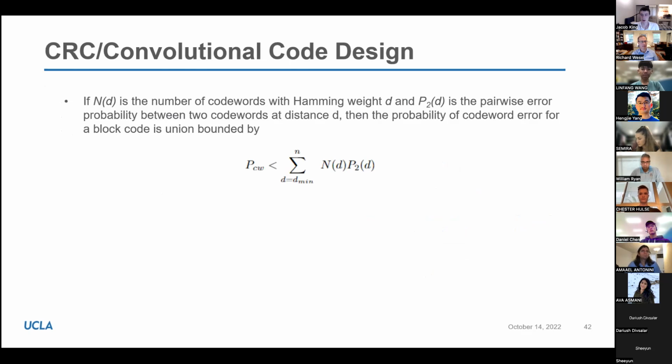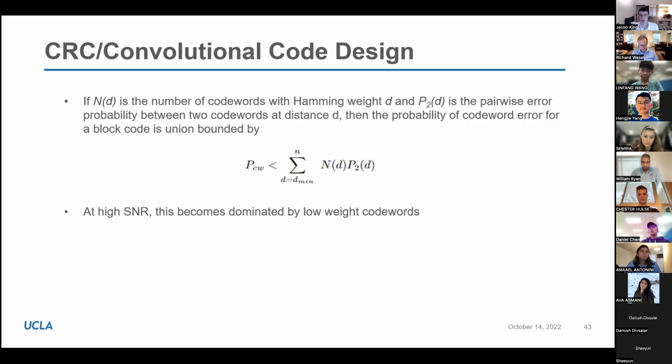We now describe how we design optimal CRC convolutional concatenated codes. For a given block code, if N of d is the number of code words with Hamming weight d, and P sub 2 of d is the pairwise error probability between two code words a distance d apart, then the probability of code word error is union bounded by this equation, where we sum the product of these values over all weights d.